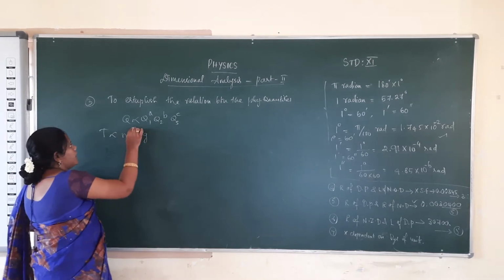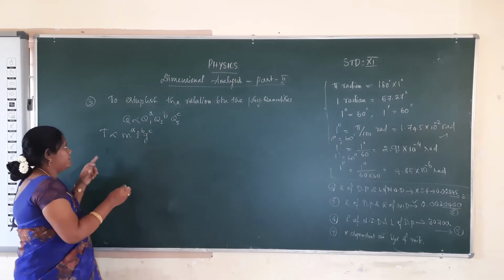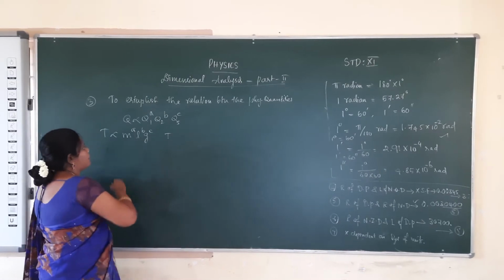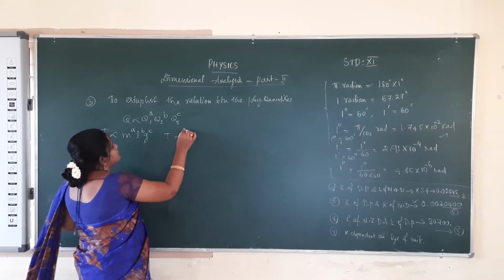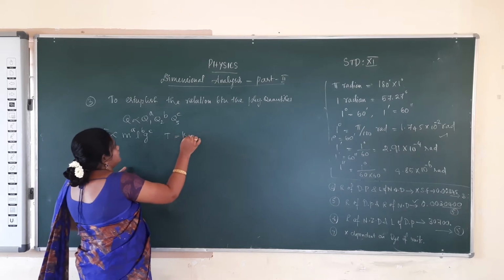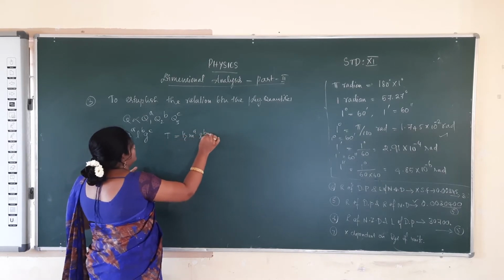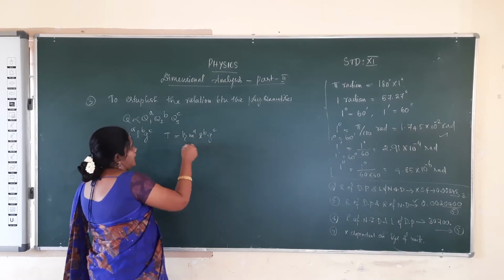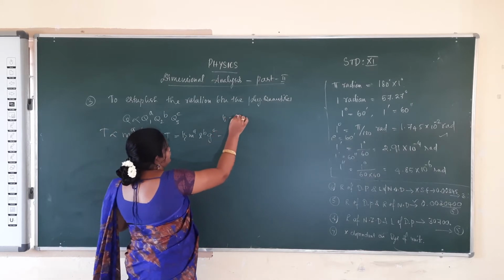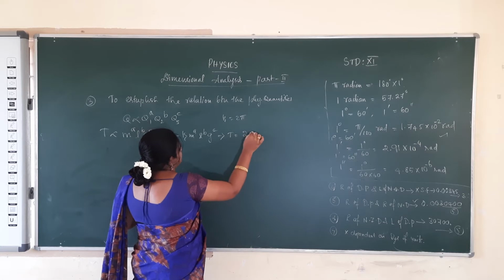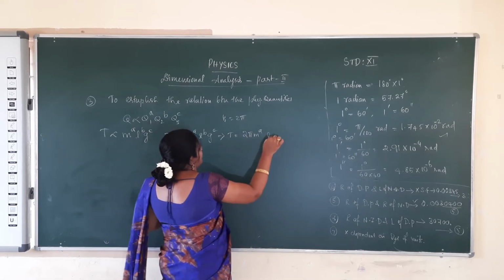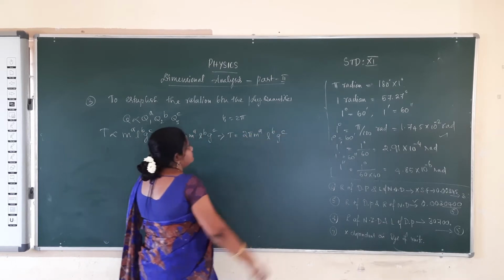So we take A, B, C, and then T is proportional. You have to cancel the proportionality by using one constant, that is k: T is equal to k into m power a, l power b, g power c. Put k is equal to 2 pi. So T is equal to 2 pi into m power a, l power b and g power c.